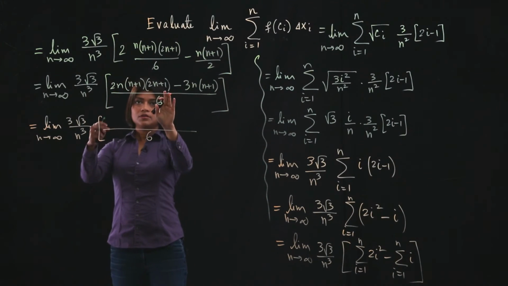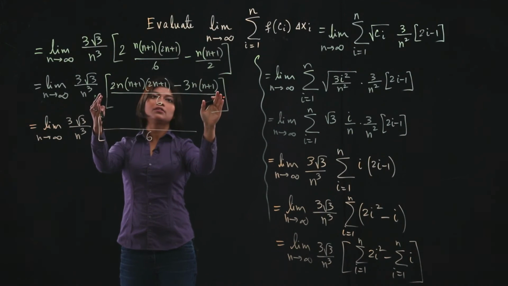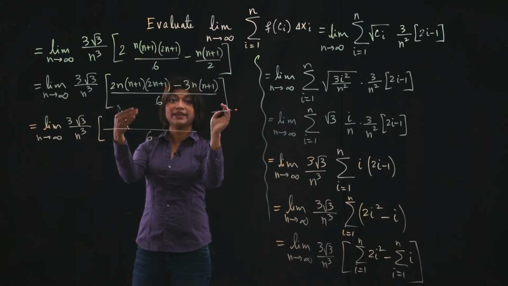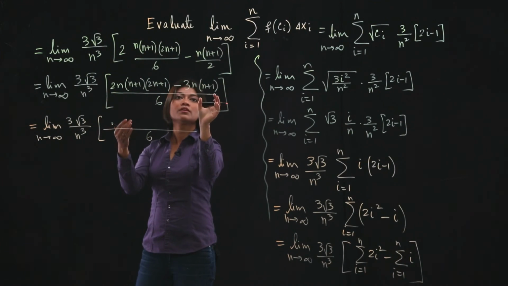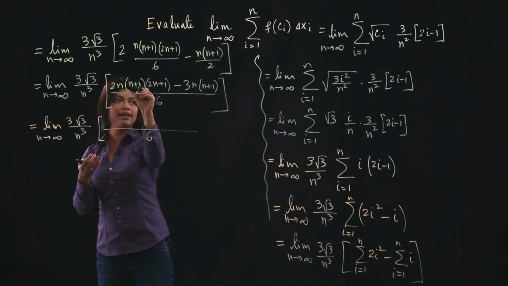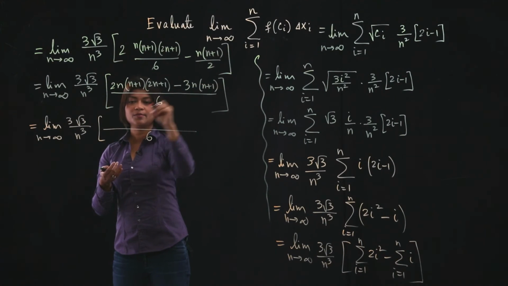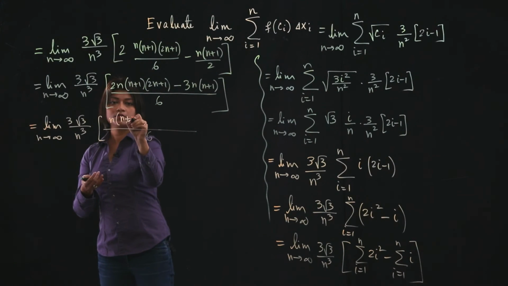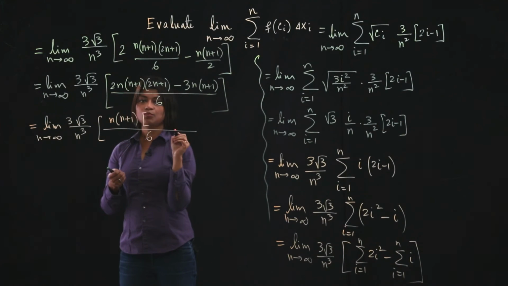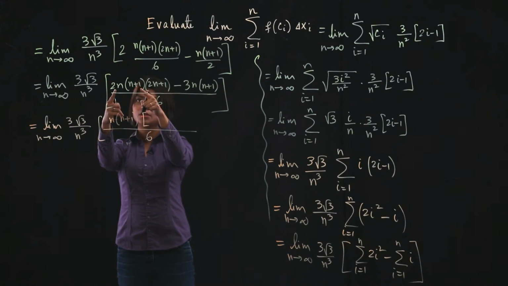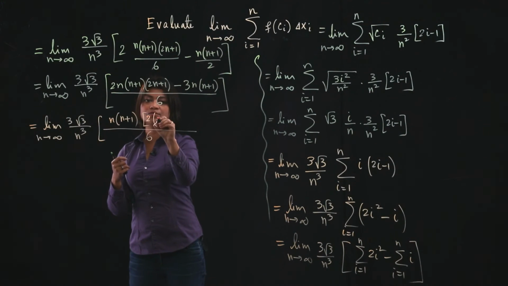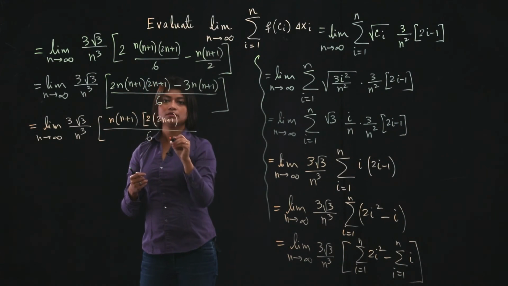Instead of foiling everything, always look for common factors in both terms. It will make the simplification easier. So see that both terms have n and n plus 1 and n plus 1. So those are the common factors. So you can pull them out, and what is left from the first term, you took out n and n plus 1, so you will have 2 times 2n plus 1.